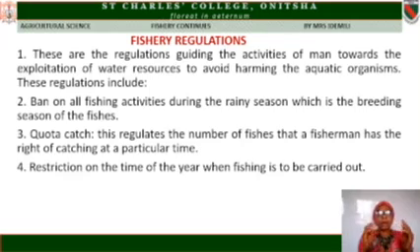Number 2, quota catch. This regulates the number of fishes that a fisherman has the right of catching at a particular time. Then restrictions on the time of the year when fishing is to be carried out. This type of restriction makes it that fishermen do not go to the rivers to fish at some time in the year in order to allow the fishes to breed, grow, and then fill the water up.